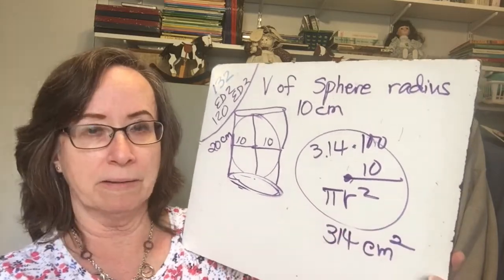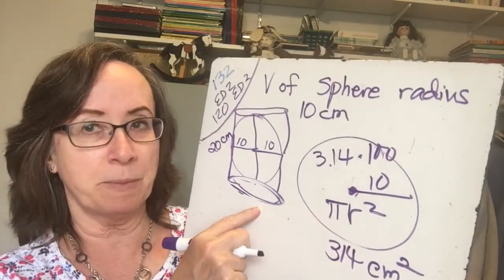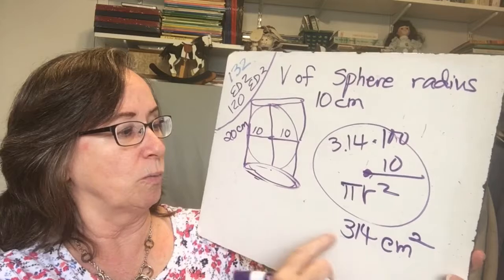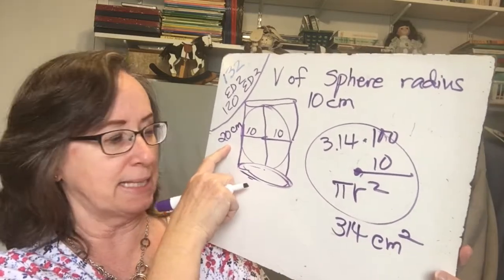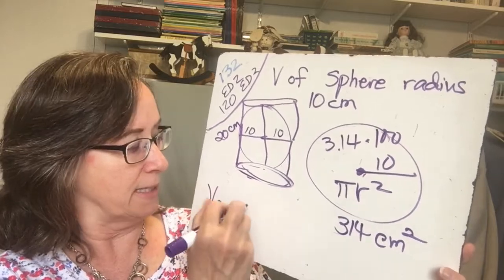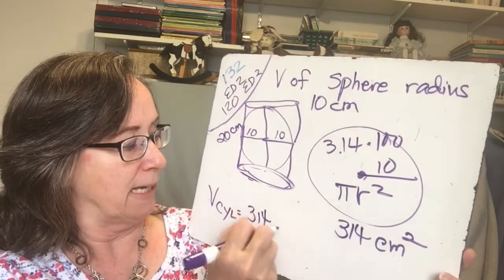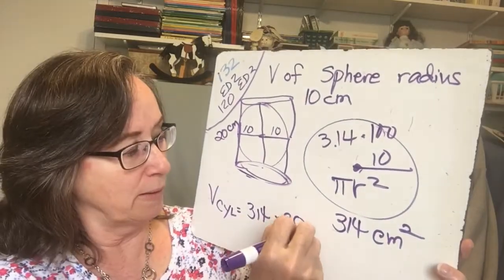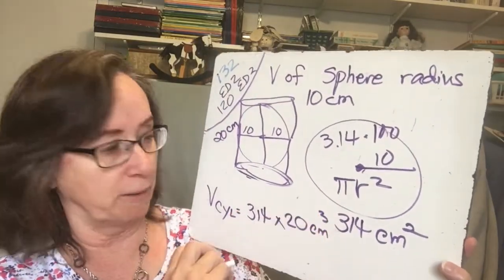Centimeters squared. That's the area of the base, times the height. So we're going to multiply this times this. So we get the volume of the cylinder is 314 times 20 centimeters cubed, because it's volume.